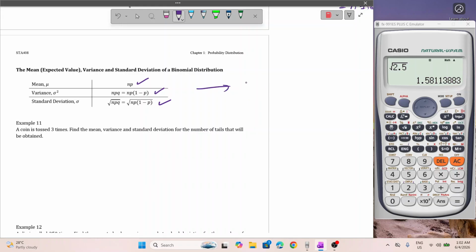Just to recap what we have learned in our previous class, n is the number of trials, p is the probability of success, and q is the probability of failure, so p plus q is equal to 1.